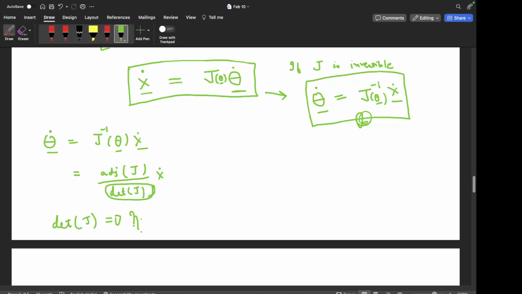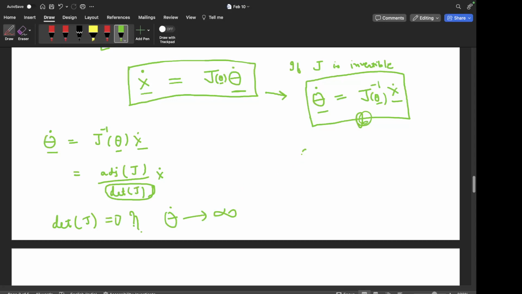Okay, so first of all, when the determinant of J is 0, basically the right hand side will tend to infinity. In other words, theta dot will shoot up to infinity, right?